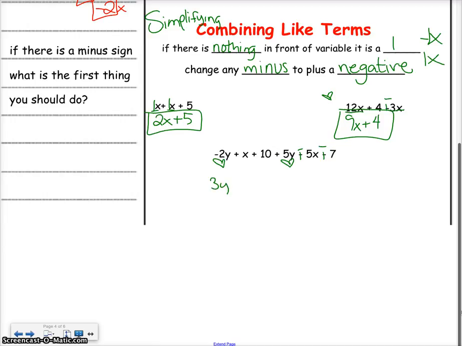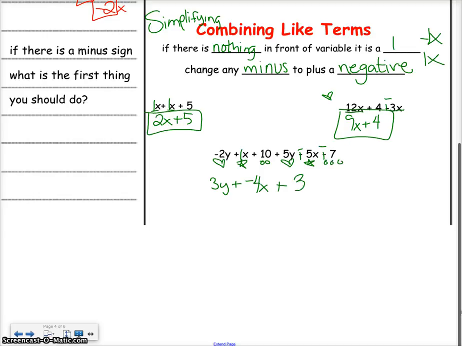So I have 3y plus, now I'll deal with my x's, 1x plus a negative 5x's gives me a negative 4x. Now I'll deal with my whole numbers. 10 wholes plus a negative 7 wholes gives me 3 wholes left.